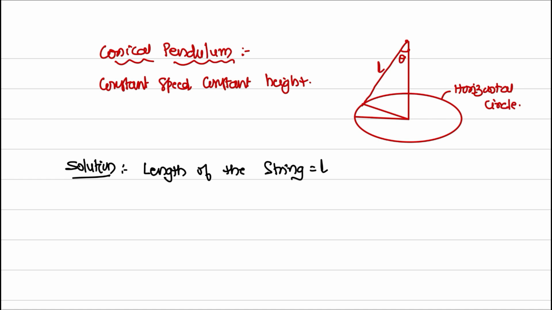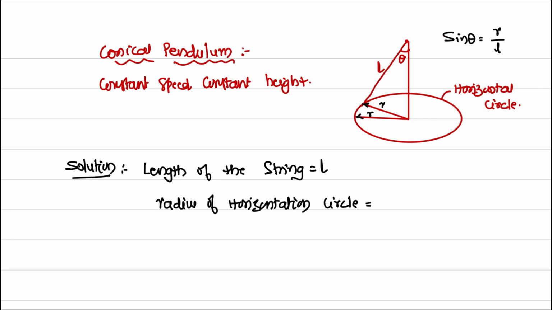It is equal to L. This is the radius of the horizontal circle, because it is making motion in the horizontal circle.